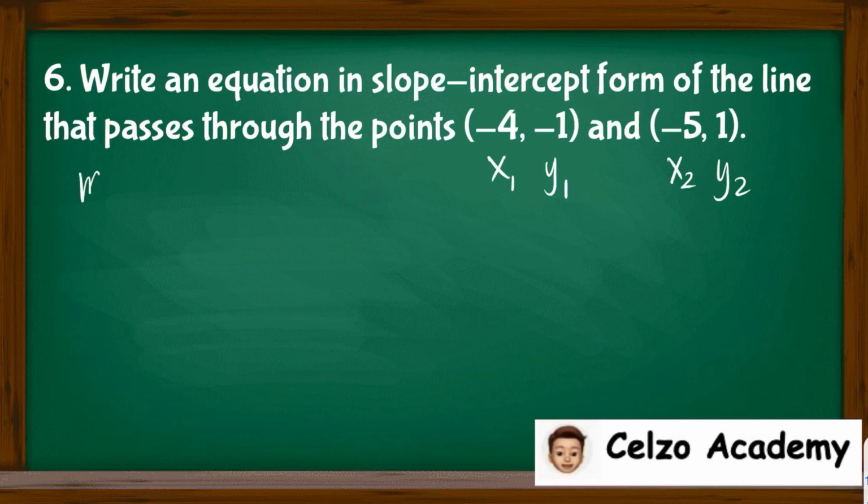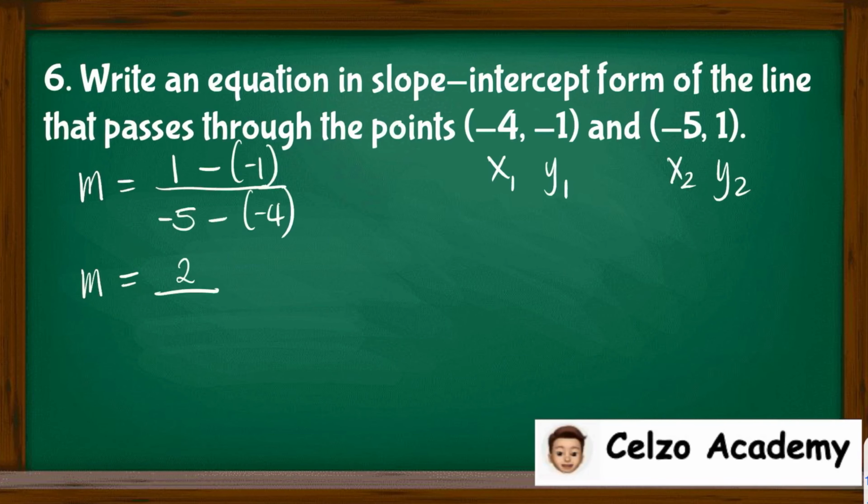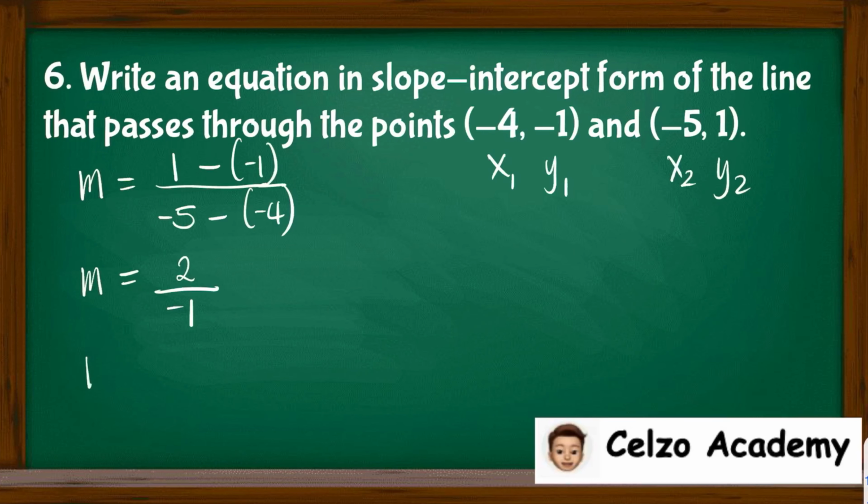Solving for the slope m, using the slope formula, we have y2 is 1 minus y1 is -1, divided by x2 is -5 minus x1 is -4. Simplifying this, we have 1 plus 1, that's 2, over -5 plus 4, that's -1. So the slope here is -2.